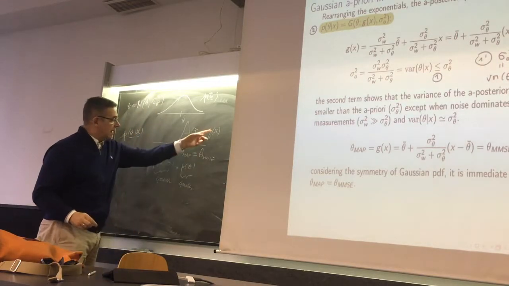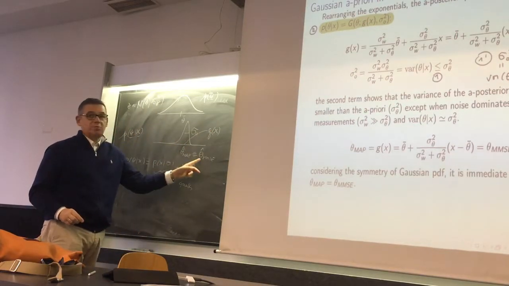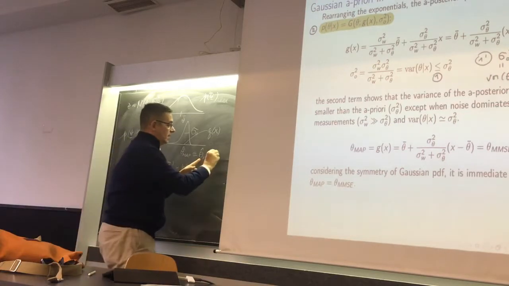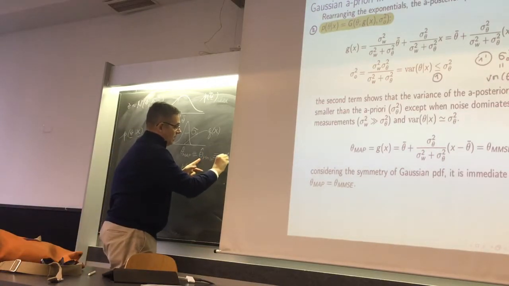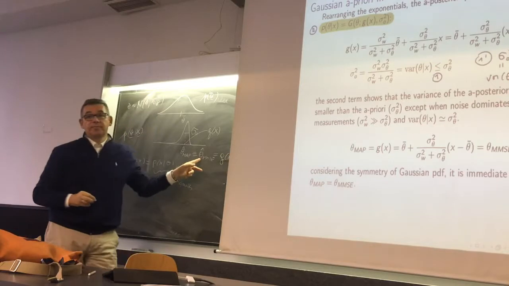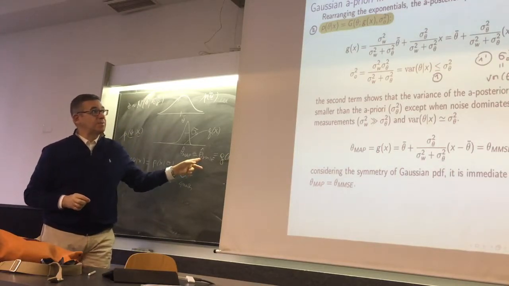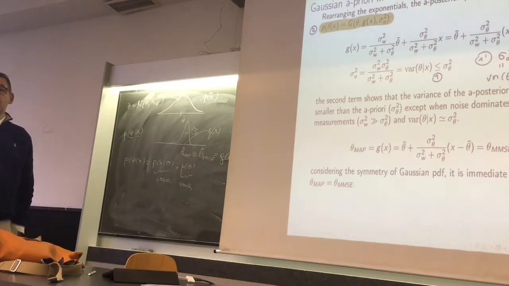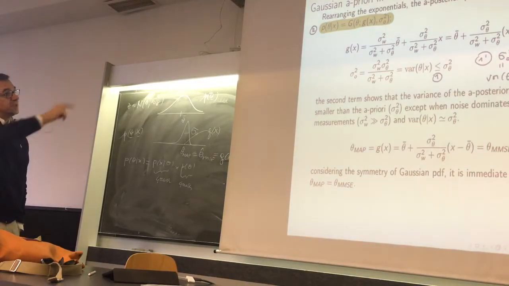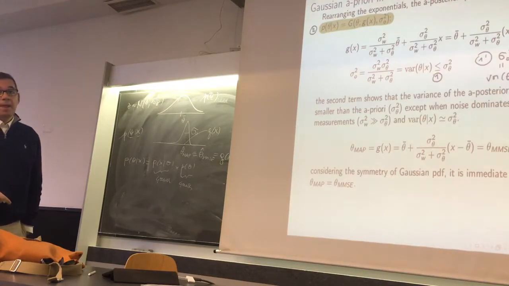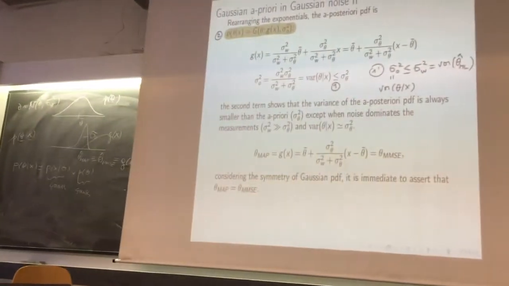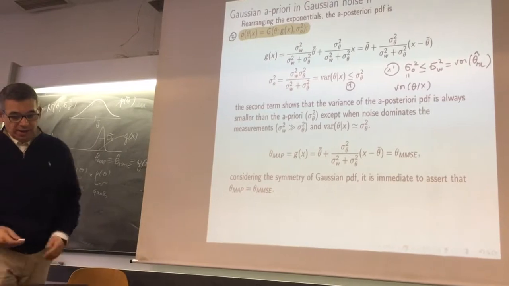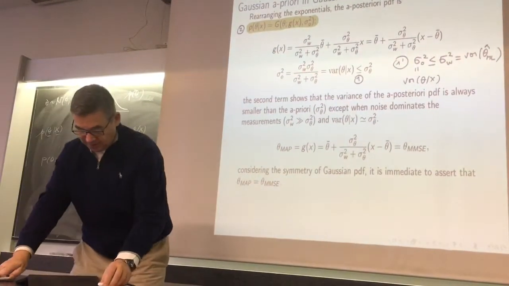But since the mean coincides with the MAP, coincides with the MMSE, this is the MMSE estimate. So Gx is the MMSE estimate. So by looking analytically, what is Gx? Gx is what is indicated there on the top. So Gx is the maximum and the MMSE estimate.